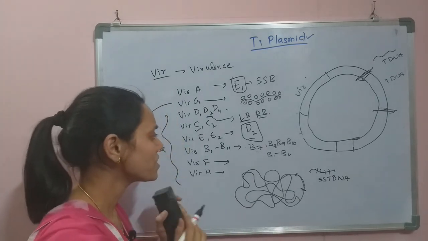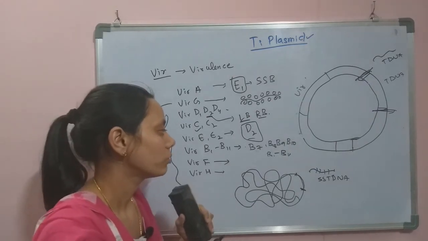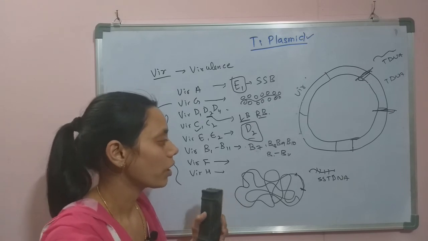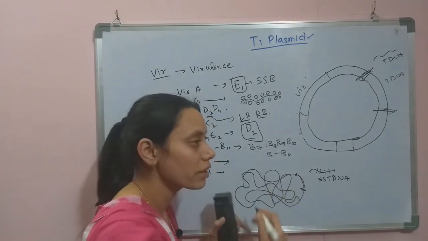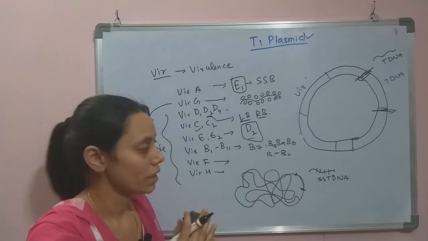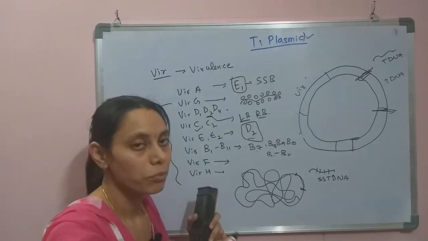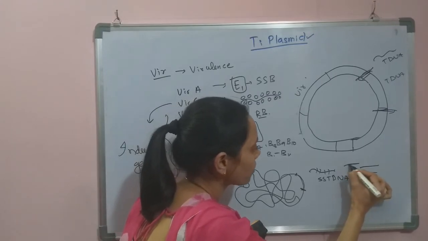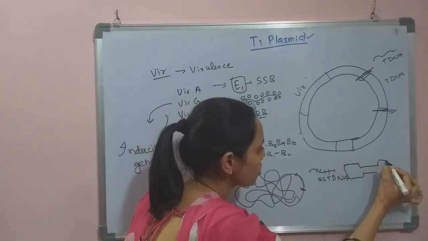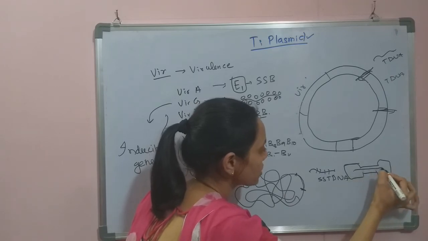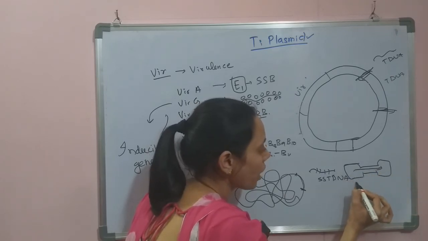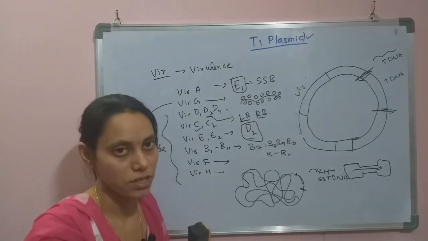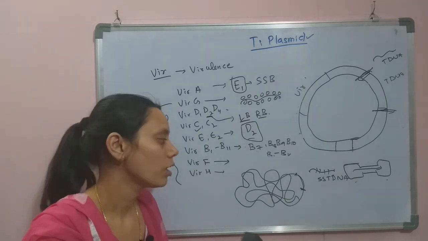So basically how the recombination will happen, and how this tDNA will be entering inside the nucleus, that is another point. Because inside the plant cell, as we already discussed, the B proteins will form a channel through which this tDNA can be transferred from agrobacterium to the plant cell, but it needs to cross the nucleus as well in order to insert into the plant genome.